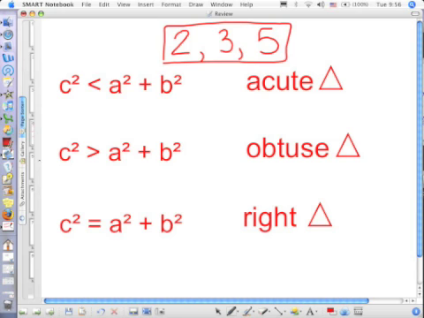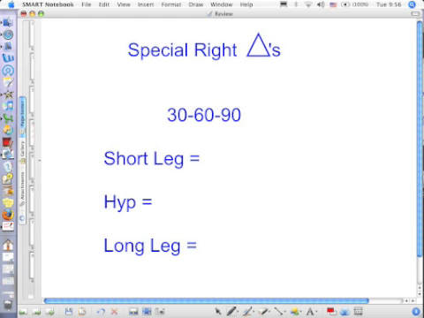All right? Okay. The other thing we learned was special right triangles. The first one was our 30, 60, 90. Now, you don't have to use this information. You can use sine, cosine, or tangent functions if you can't remember this. But this saves you a lot of time if you can remember this.